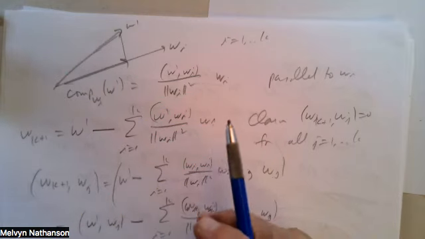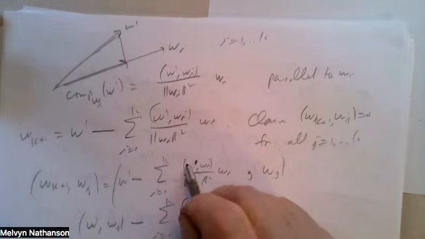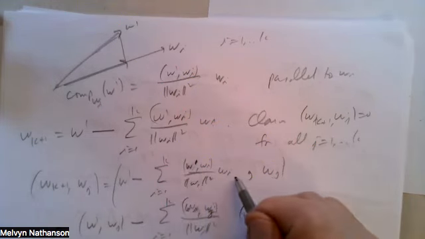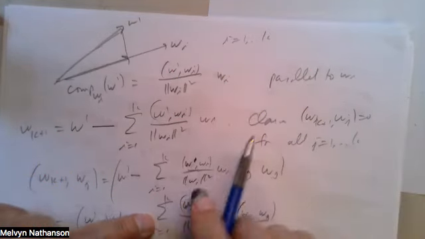If I take the inner product of this with WJ, I get W prime inner product with WJ minus the sum, I going from 1 to K, of W prime inner product with WI over the length of WI squared, WI inner product with WJ.